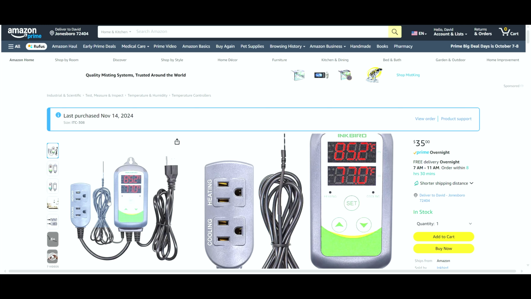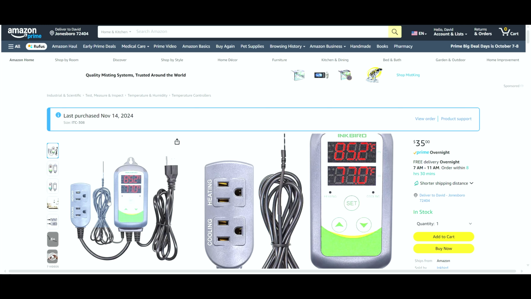It's going to want to freeze. But when that temperature gets down to the 37, or maybe a degree or two below the 37 that I have it set to, that plug where it says cooling turns off, which turns off the compressor on the freezer, thereby making the freezer a refrigerator that stays between 35 to 40 degrees.